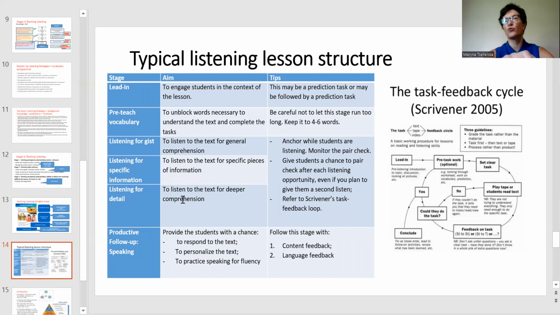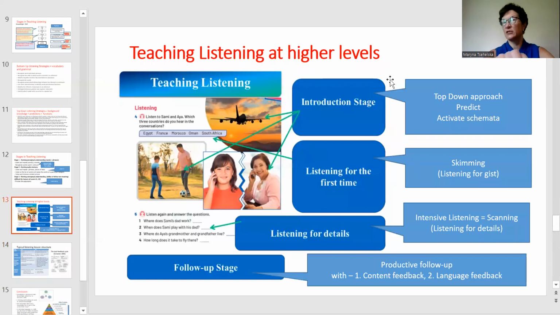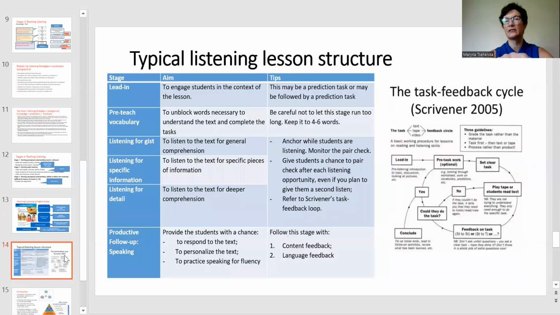However, you may shorten this listening to just two stages. When you predict, when you unblock the vocabulary, and then you listen for gist and you listen for details. It is again recommended to follow a listening lesson with speaking.